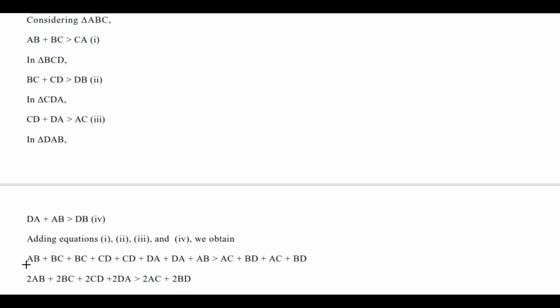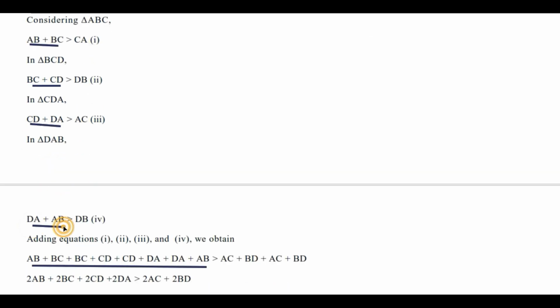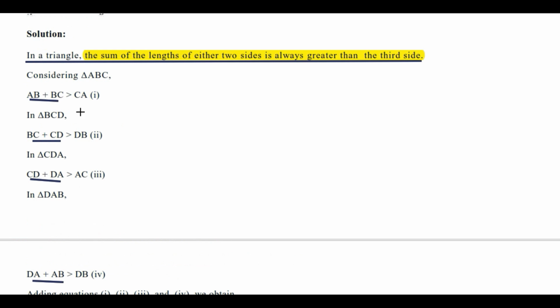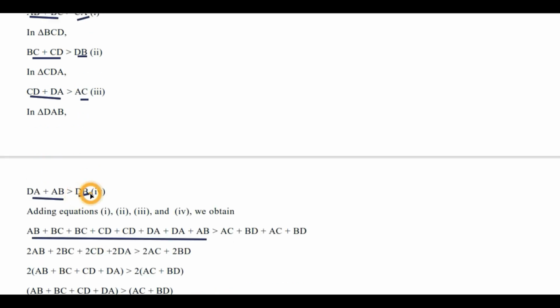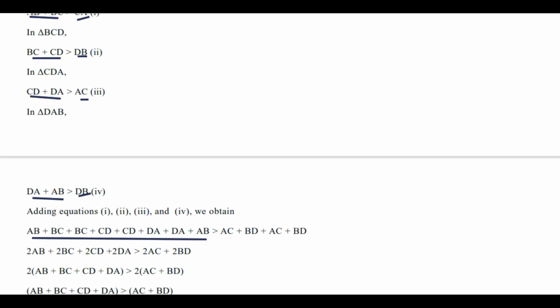Then you have to add them. Write AB, BC, BC, CD, CD, DA and DA, AB on the left hand side, then CA, DB, AC and DB on the right hand side of the greater than sign. So we have here two ABs: one AB, second AB.